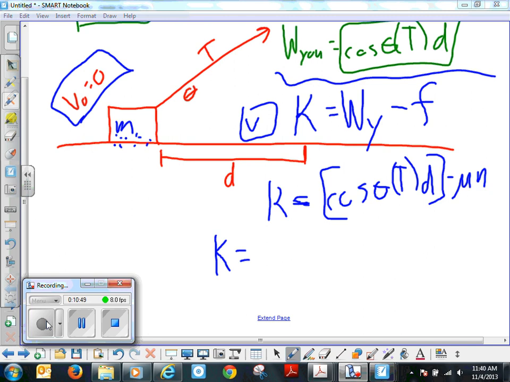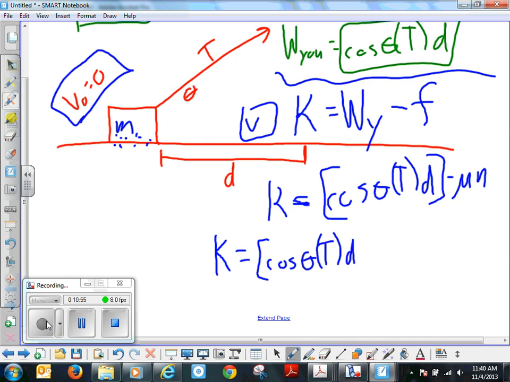Okay, so it's cosine theta T d minus the coefficient times mg, which is the mass, mg minus sine theta T, and that is the kinetic energy. And then you could set that equal to 1/2 mv squared and figure out the velocity.